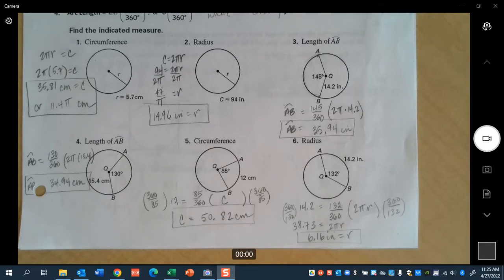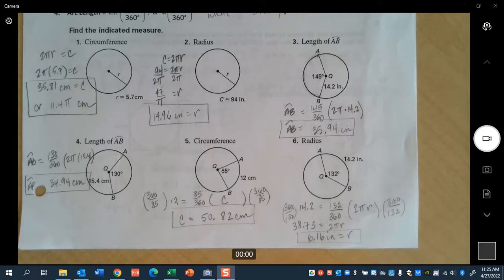They gave me my circumference, so I plugged in what I knew and solved for what I needed. If I'm looking for the length of AB, it's this fraction of the whole. 2 pi r is the whole, so this fraction of the whole, and that's what I get.